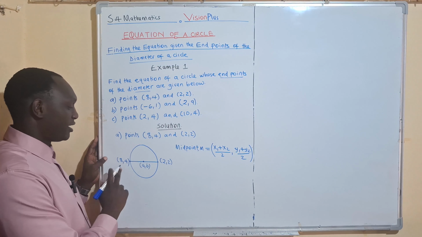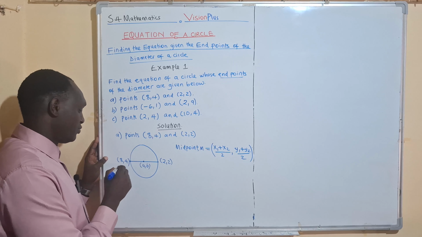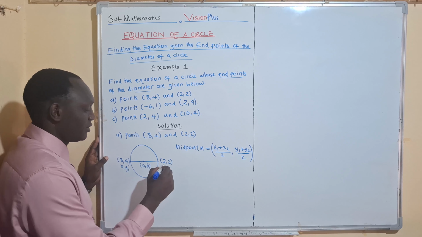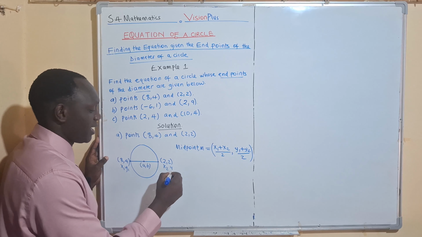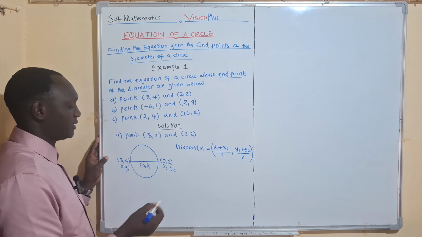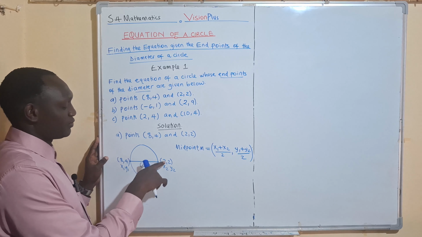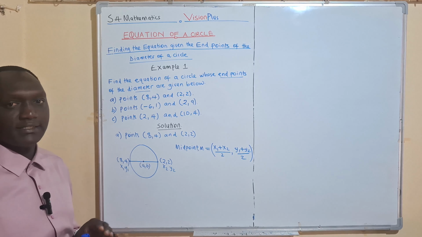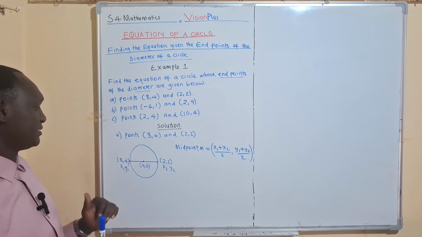So you name the endpoints the way you want. You can call this one x1 and this one y1, and call this one x2 and this one y2. Or the opposite also works. You call this x1, y1, x2, y2. You will get the same answers as somebody who has this.